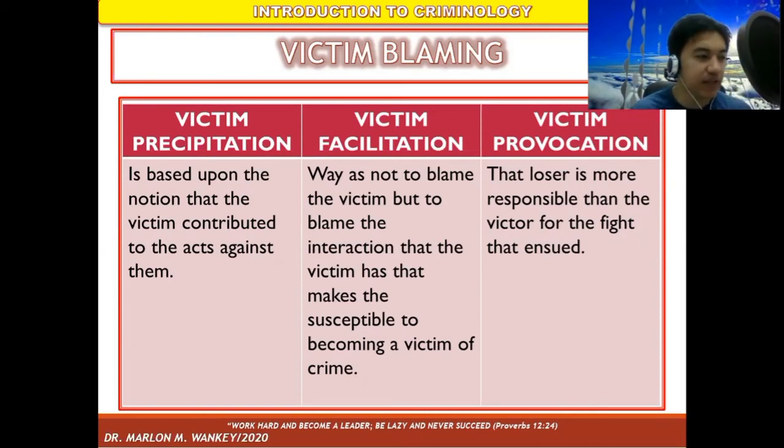It basically means that if you were to randomly attack someone who was defending themselves, where you got more seriously hurt, then it would be your fault.